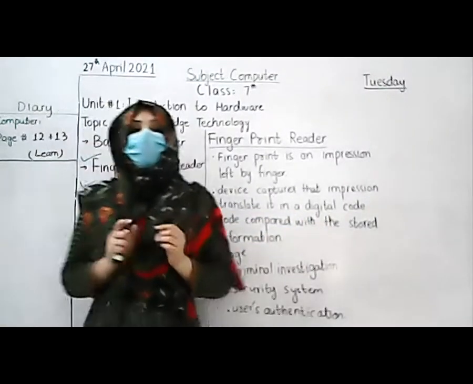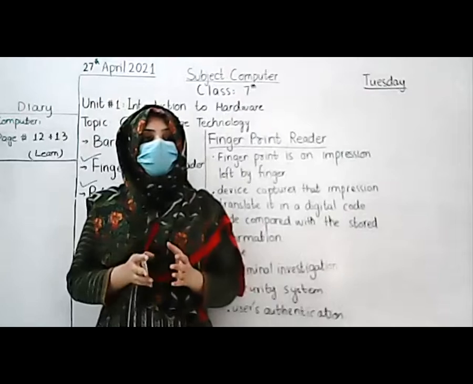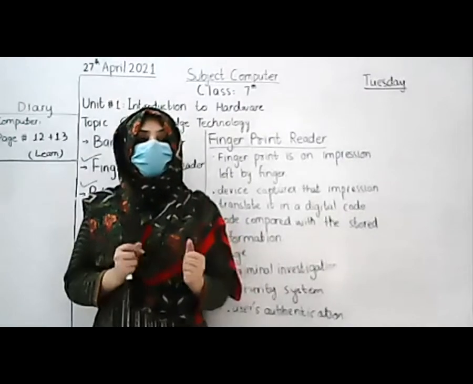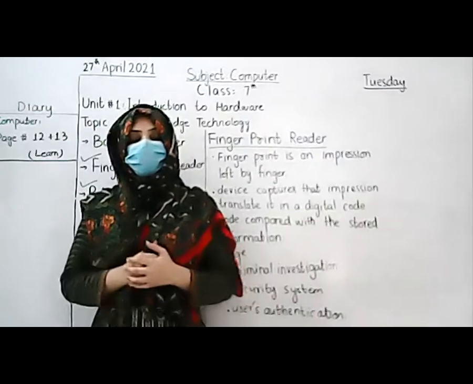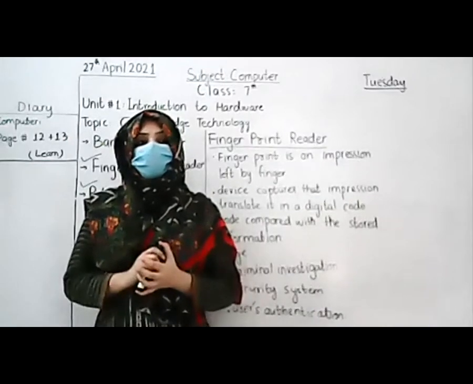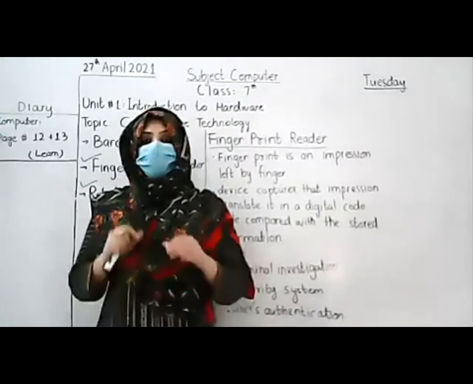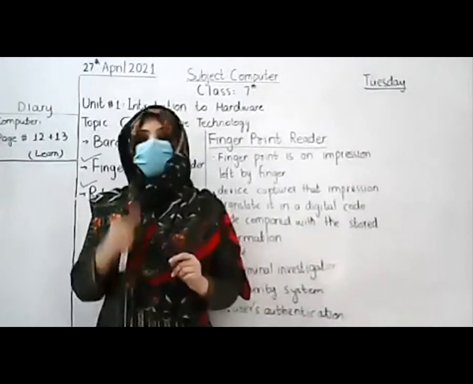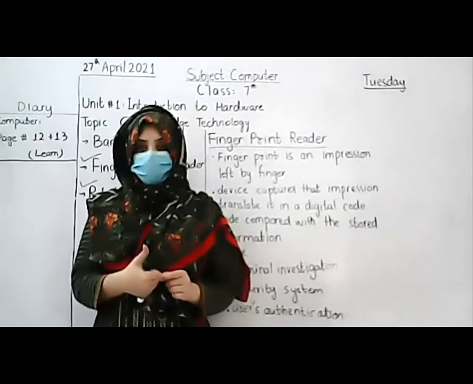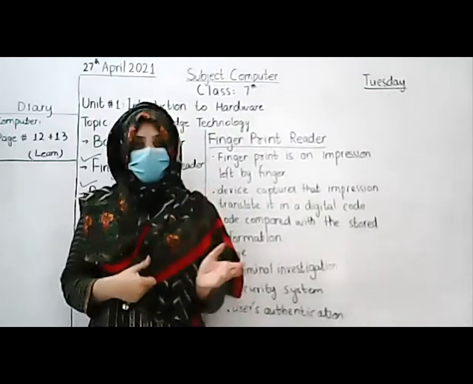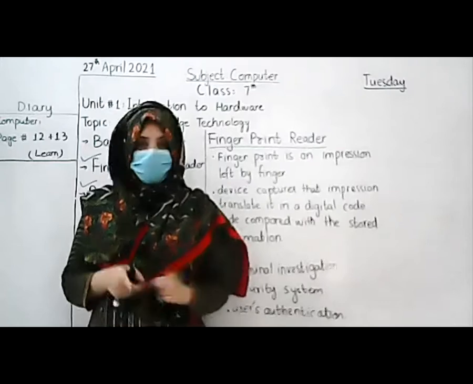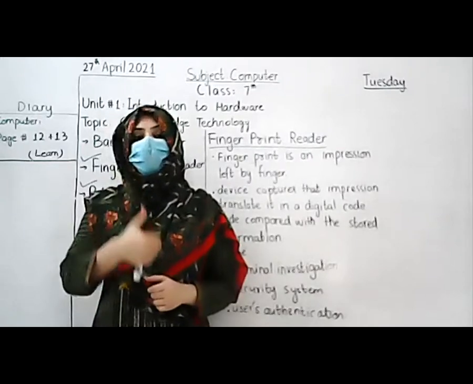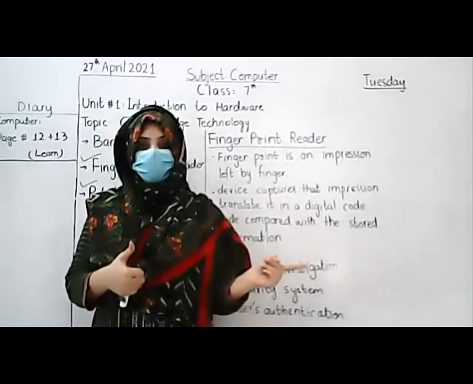Is anyone using mobile phones? You know about the fingerprint sensor available on your mobile phone, 7th class? Yes, ma'am. So how does it work? First of all, you have to store your fingerprint impressions on the mobile phone. Then whenever you want to unlock it, you put your thumb on that scanner.